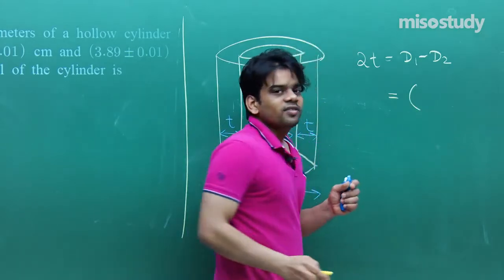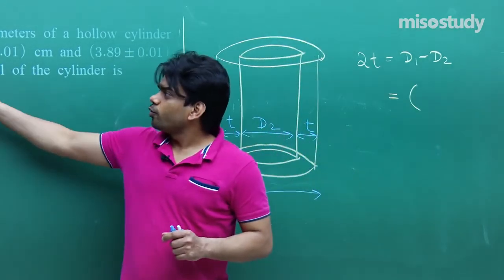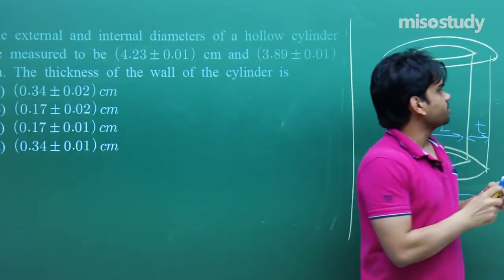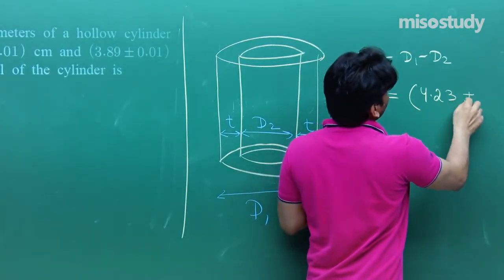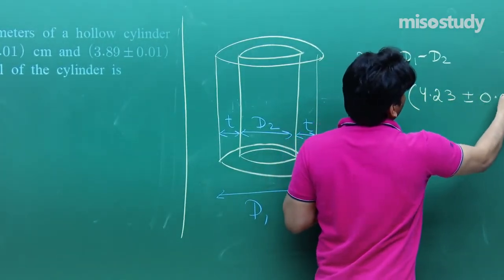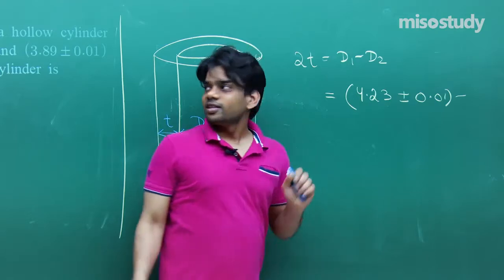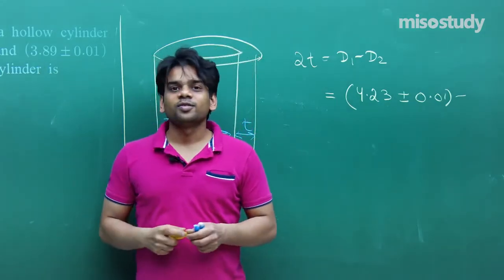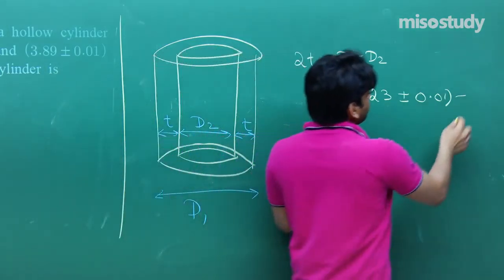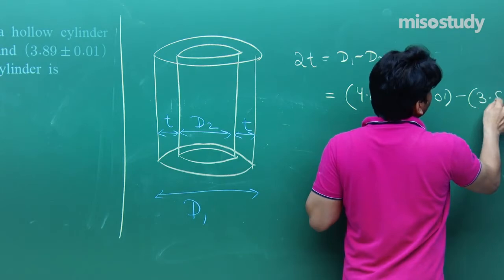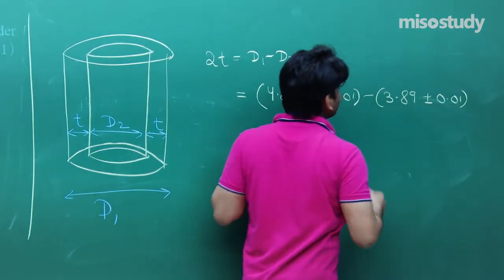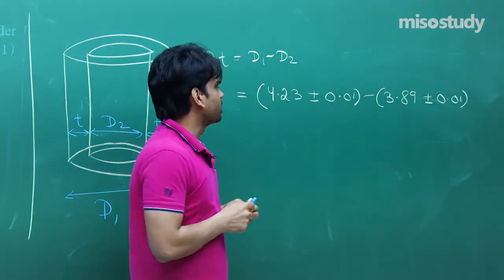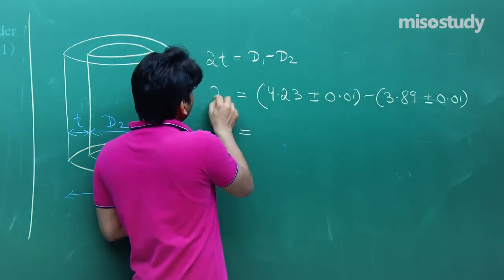D1 value is given as the external diameter, 4.23 plus minus 0.01, minus the internal diameter, given as 3.89 plus minus 0.01. Both are in centimeters. This is equal to 2T.